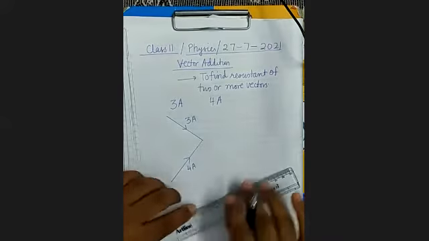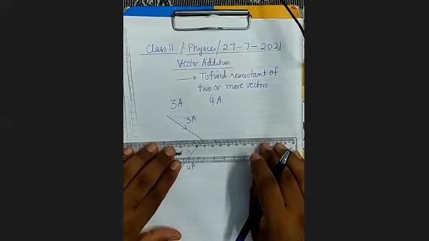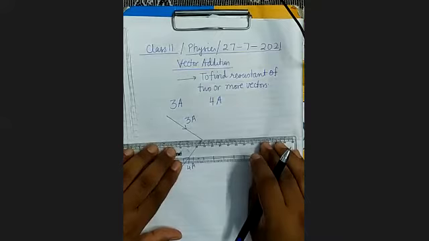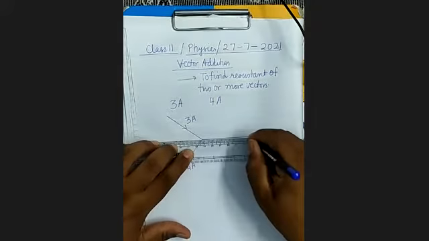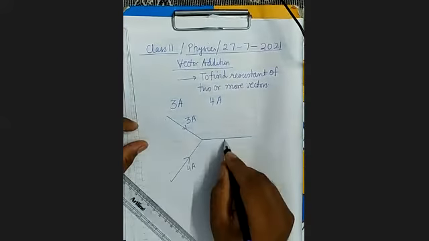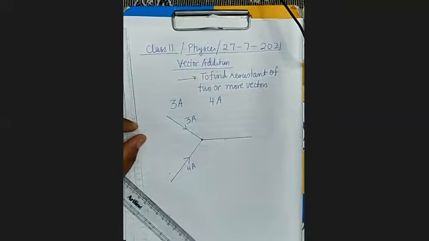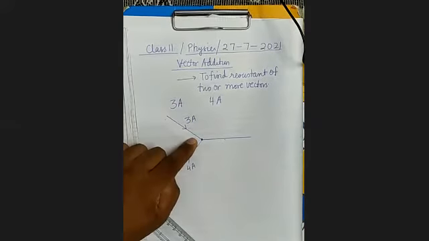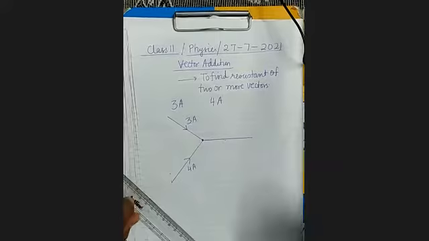It's clear. So what will be the current in this direction? Suppose these are the three wires, wire 1, wire 2 and wire 3. They are meeting at this point. It's clear. 3 ampere current comes this way, 4 ampere current comes this way.